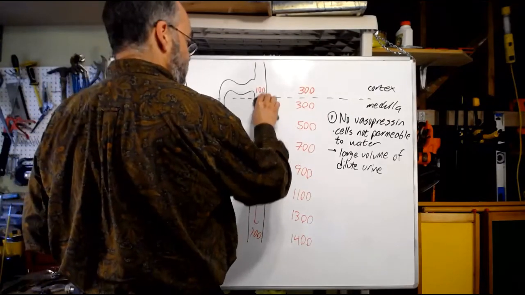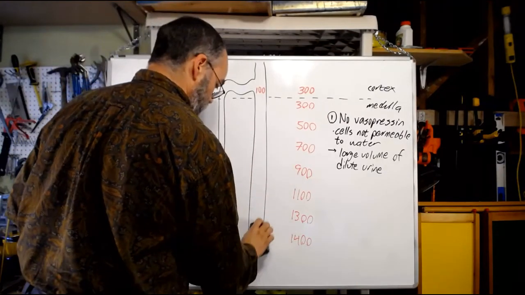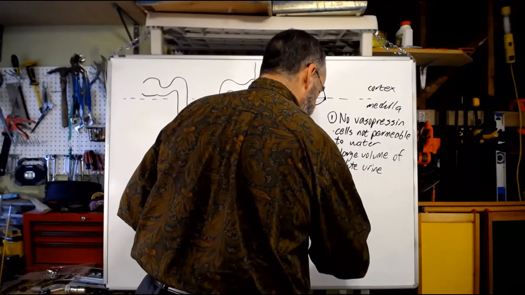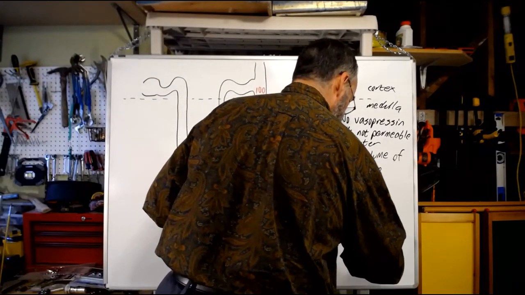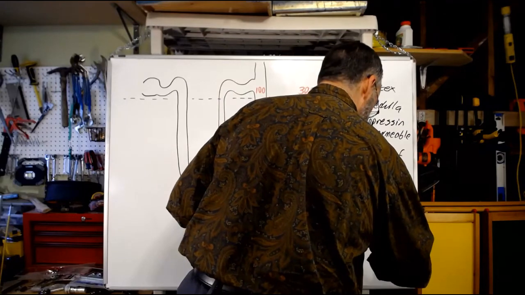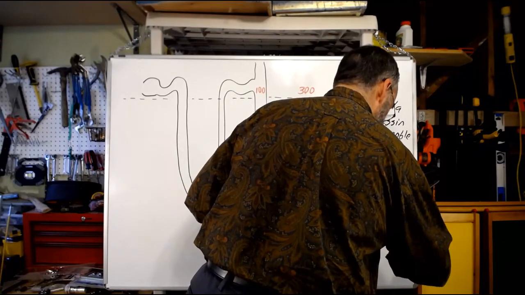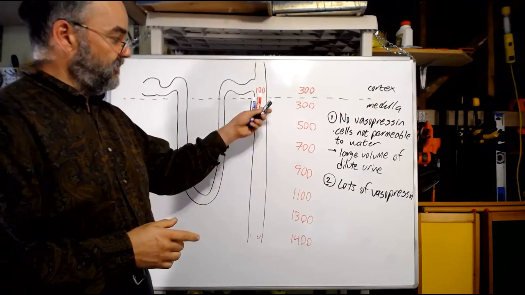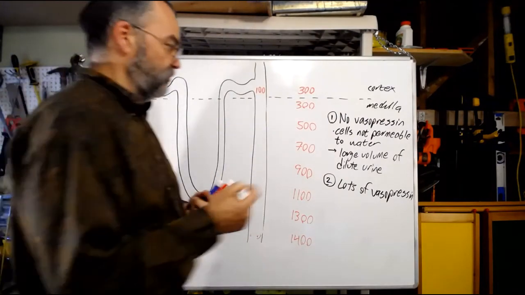What about scenario 2, where there's lots of vasopressin? If there's lots of vasopressin, then all of these cells become permeable to water.